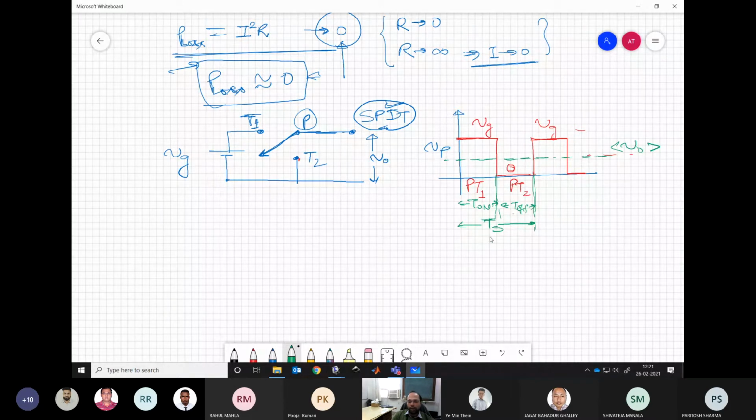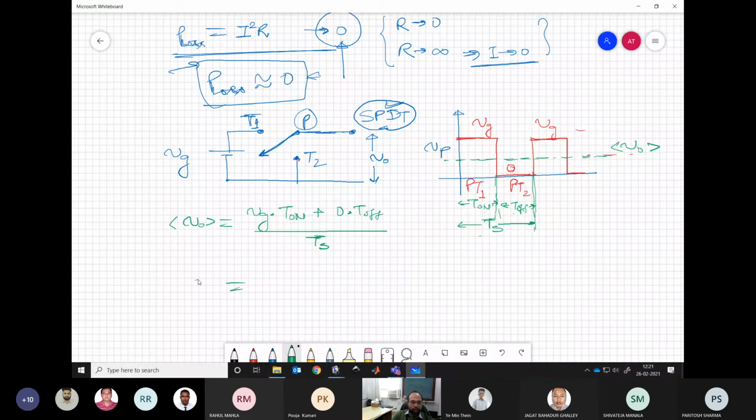Our T on and T off may vary, but we are maintaining TS constant. Now, we can write VO average as applying VG for T on time, and then applying 0 voltage for the rest of the time, T off, averaged over the time period Ts.